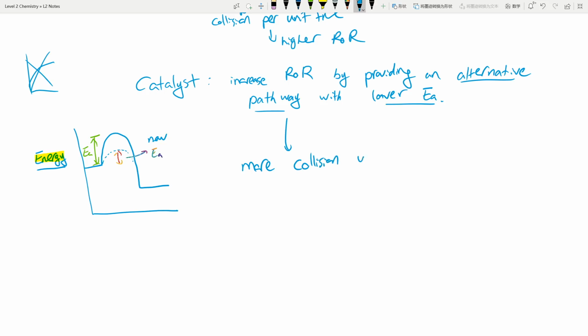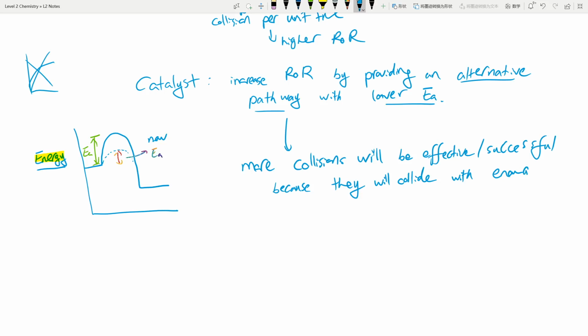More collisions will be effective or successful because they will collide with enough energy to overcome the new Ea, which is lower than the original.